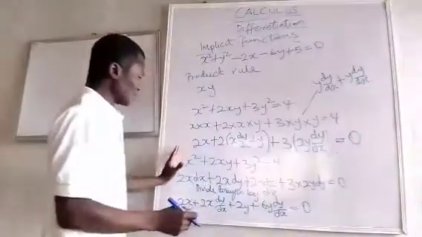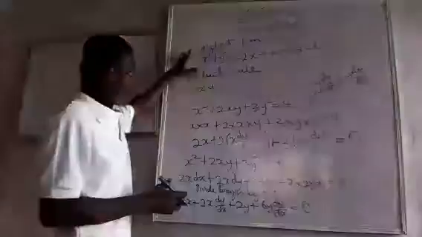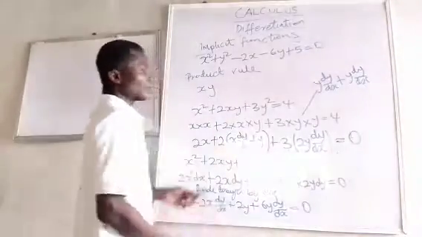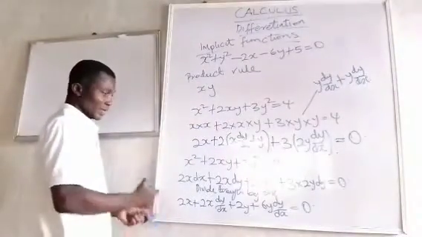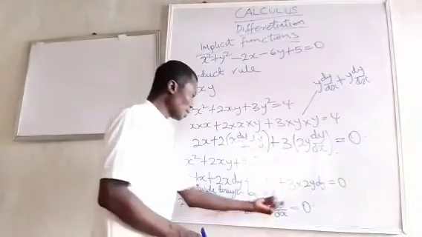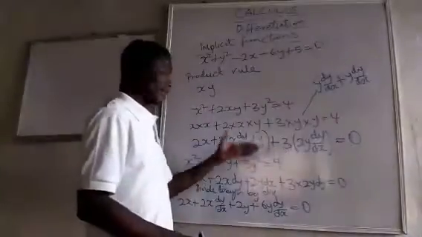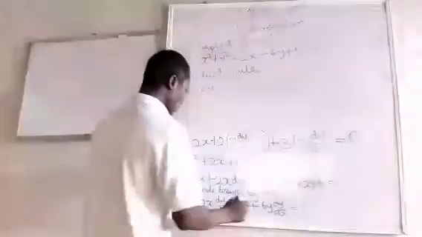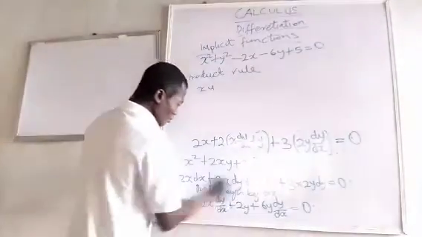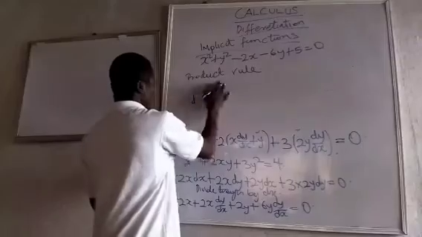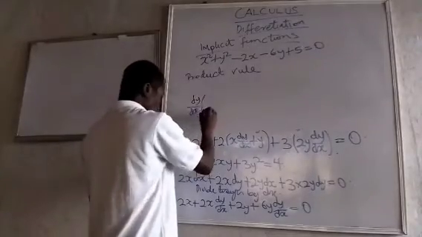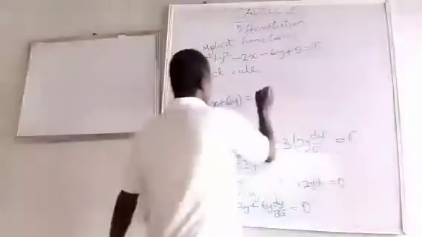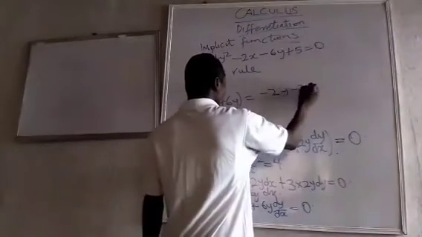So this is the essence of using the implicit function technique. I don't need to start saying, oh, what is y, before I start going to do the differentiation. So if you solve for dy/dx here, and you solve for dy/dx here, it's going to be the same thing. So I'm going to have dy/dx times (2x plus 6y) equal to minus 2y minus 2x.